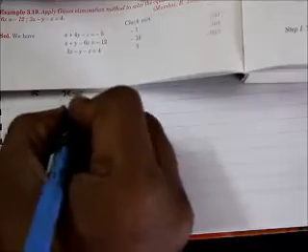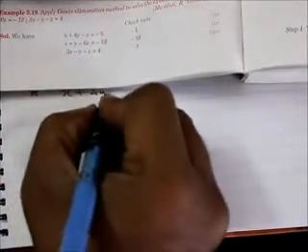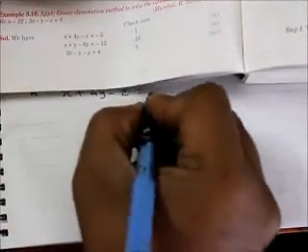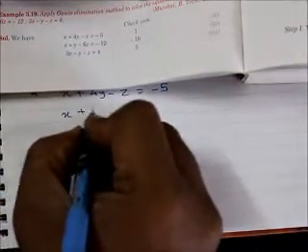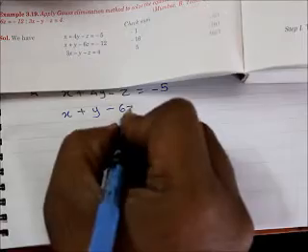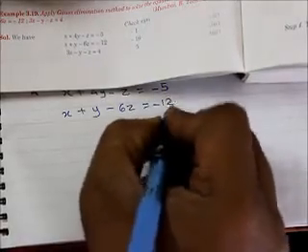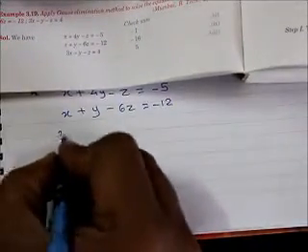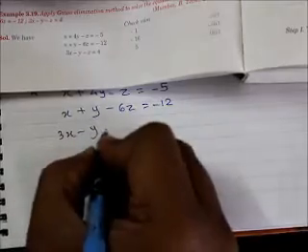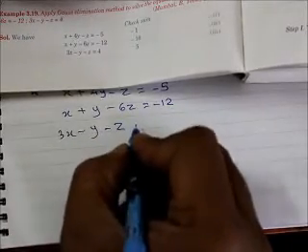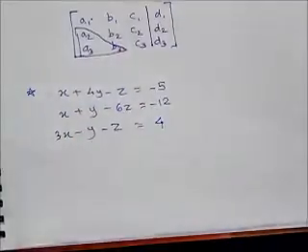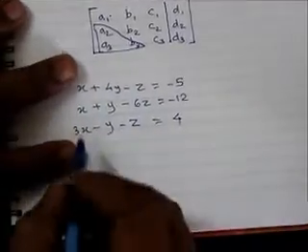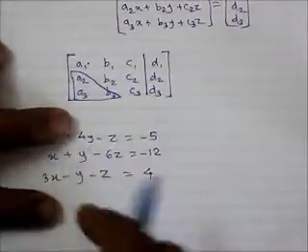The first one is x plus 4y minus z is equal to minus 5, x plus y minus 6z is equal to minus 12, 3x minus y minus z is equal to 4. Okay, so these are the three equations that we have. Let us express them in the format like this.